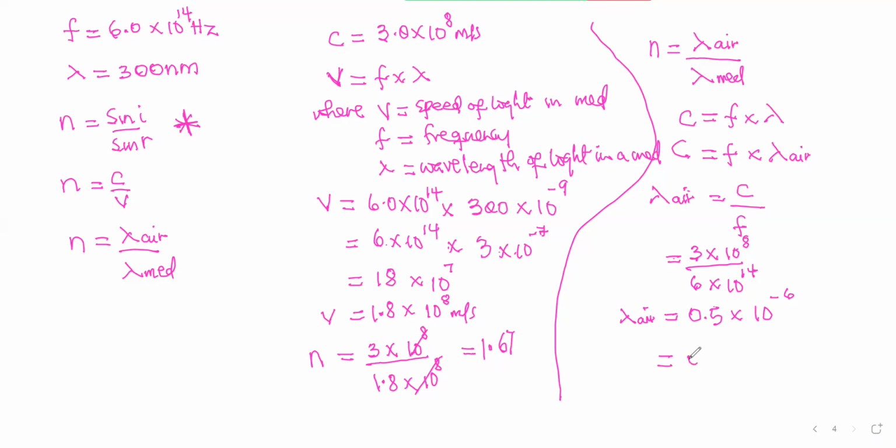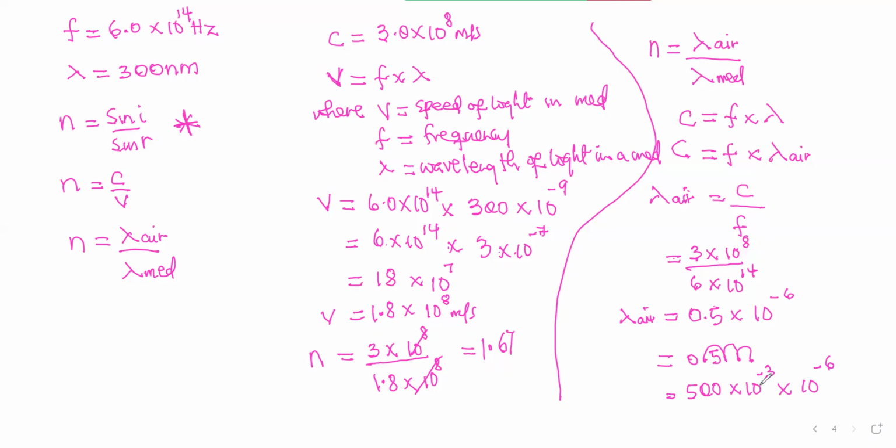So I have 0.5 and I will shift the decimal to the right: 1, 2, 3. So I have 500 times 10 to the power negative 3, also times 10 to the power negative 6.